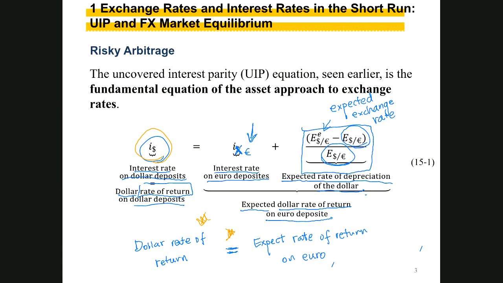If it's opposite like this, if the expected rate of return on euro is like this, people will flock to the foreign country and switch their US dollars to euros, right? And then it's the same mechanism. So you could say that the US banks want to attract more customers.